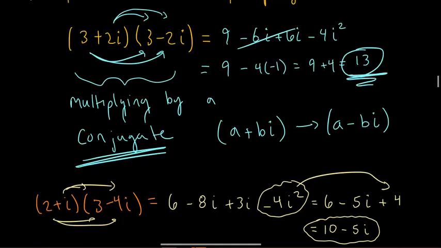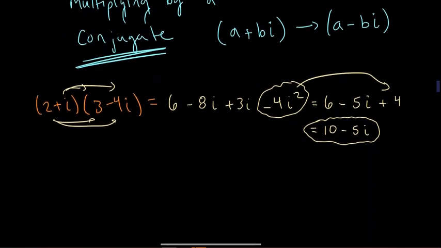If you're confused about what happened, that's what I did. I squared is negative 1, which is the key to how I'm simplifying all this. So you should end up with 10 minus 5i.